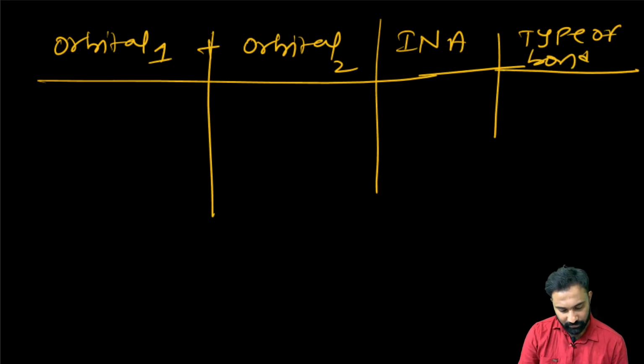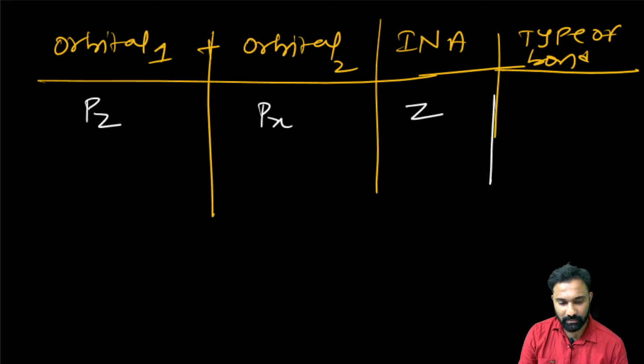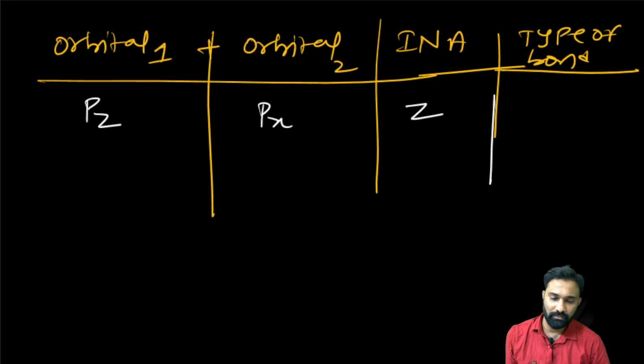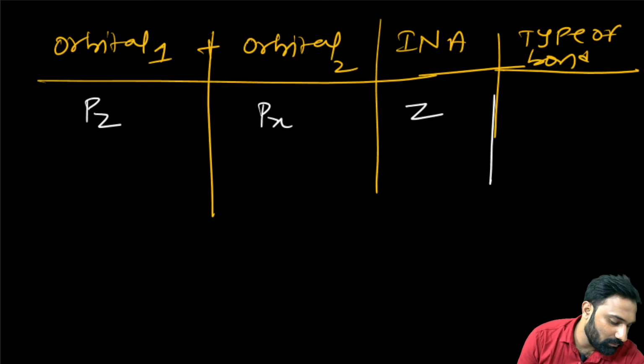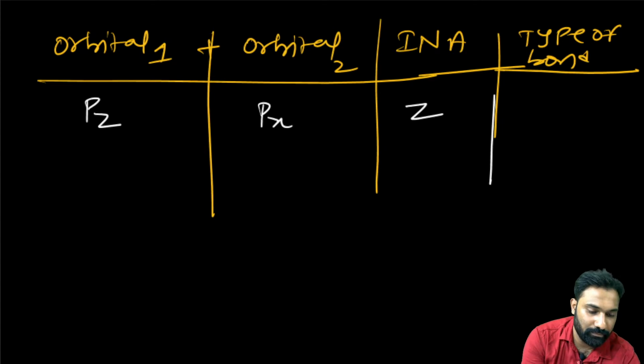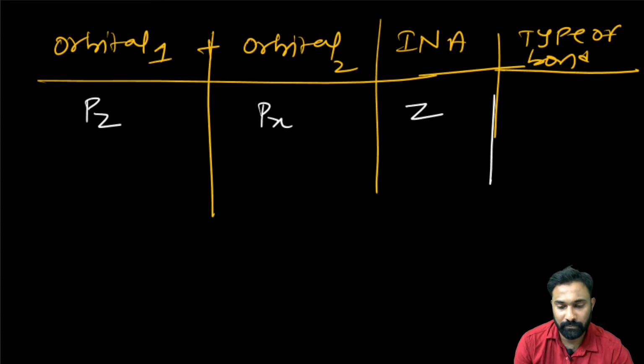Now say if orbital 1 is pz, if orbital 2 is px, internuclear axis z. Which type of bond will it form?